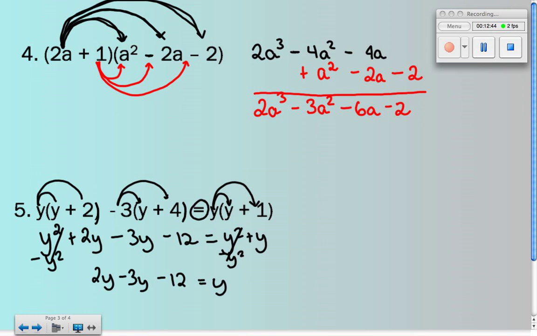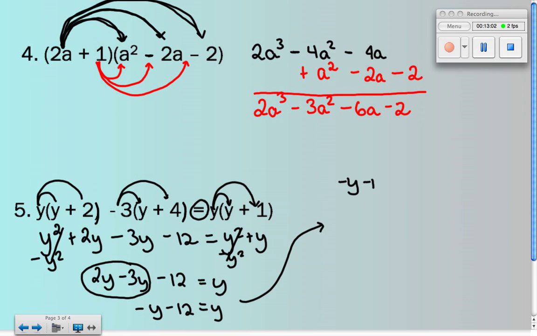Hey, I like this right here. These are like terms. I can say 2y take away 3y is negative y. I still have the minus 12, and I still have the equals y. Just going to come over here for a little room. All right, now I got to get my y's together.